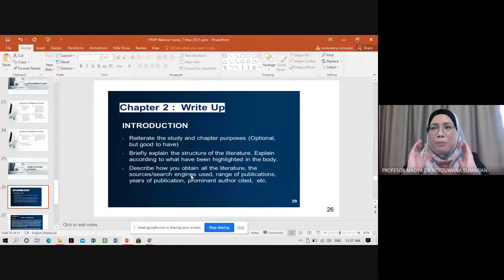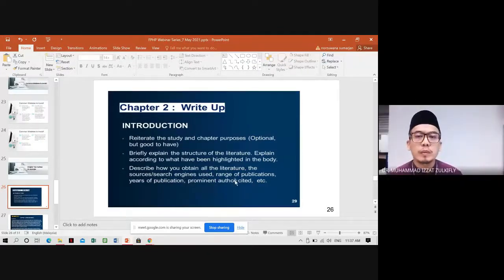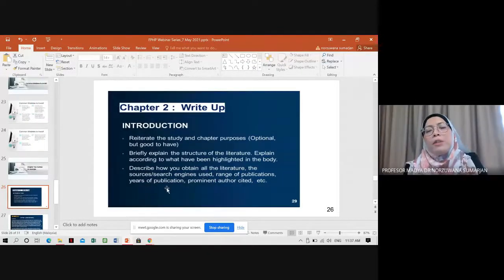So it must be consistent. And describe how you obtain all the literature, the sources, the search engines used, the rate of publication, years of publication, prominent author cited, etc. So basically this is in the introduction.